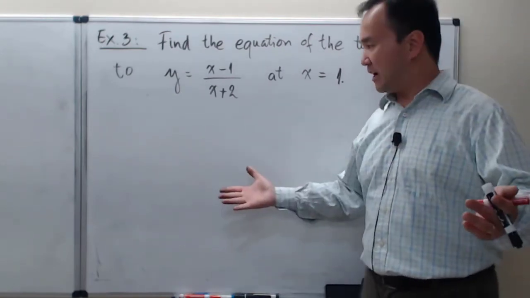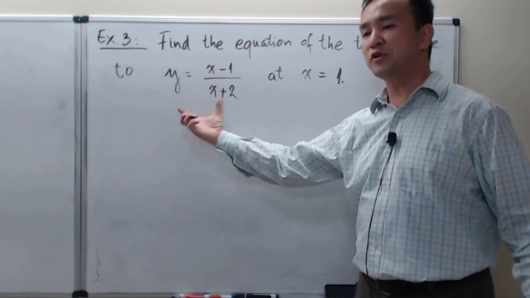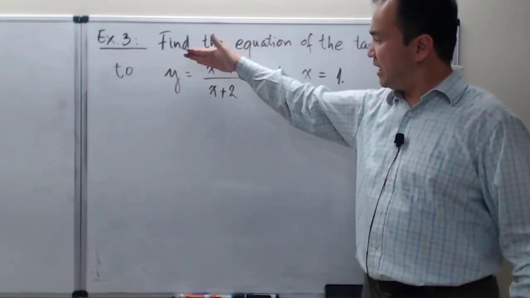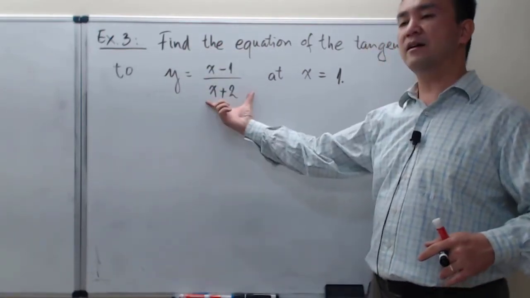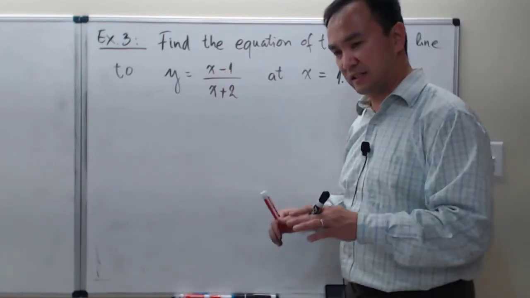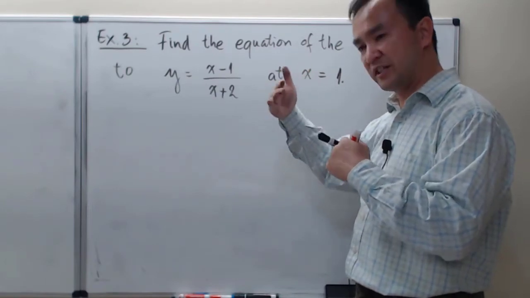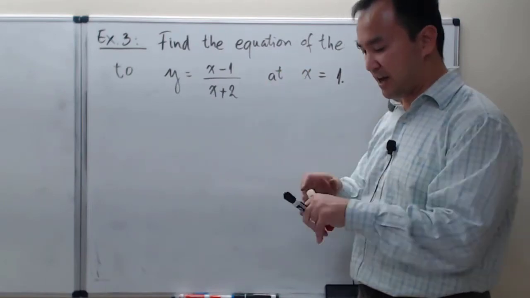What matters for us now is that in different tangent line problems, we are exposed to different kinds of functions. In this function, what I have now is a quotient, x minus 1 over x plus 2. But the main structure of finding the equation of a tangent line remains exactly the same.